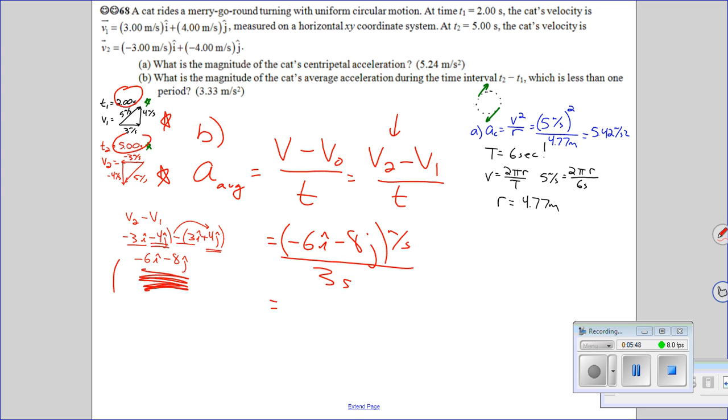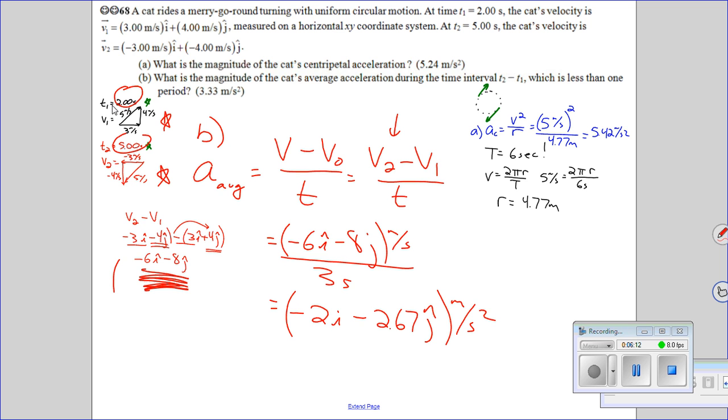So 6 divided by 3 gives us negative 2i, and then negative 8 divided by 3 gives us negative 2.67j. That's all meters per second squared. So there's our average acceleration in unit vector notation.